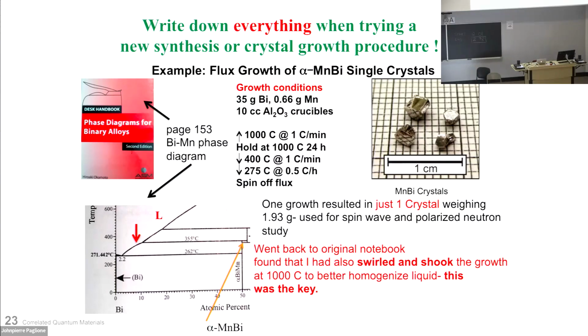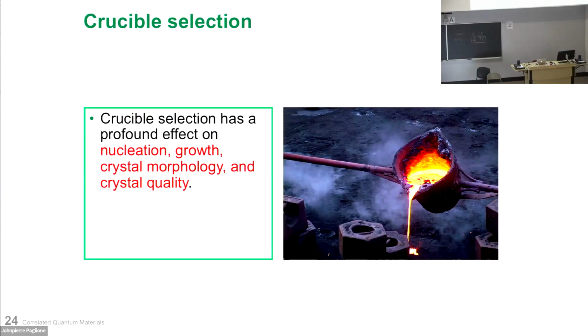It turned out that was the key. Even at 1,000 degrees C, 24 hours, the liquid was not that homogeneous still. And once I did this, I started getting the big crystals again. So I was happy I wrote that down. It's kind of scrawled in the top of my lab notebook.